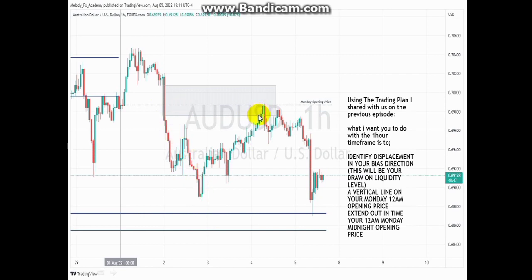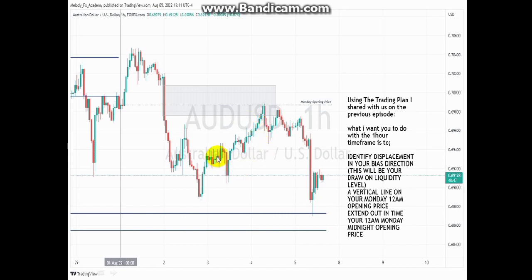Just a single setup, you can hold it for a day or two, and the risk to reward ratio is going to be massive. From experience, that is what I've come to understand in this market, that patience pays in this market, guys.